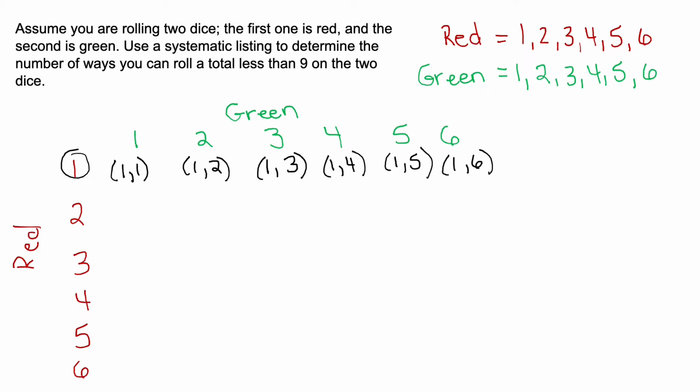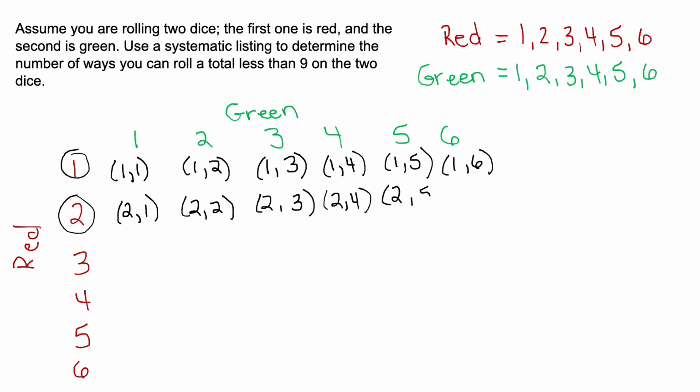Now I'm going to do the same thing with the number 2. So if I roll a 2 on the red die, I could possibly roll a 1 on the green die. So this could be 2, 1, and then 2, 2, 2, 3, 2, 4, 2, 5, and 2, 6.